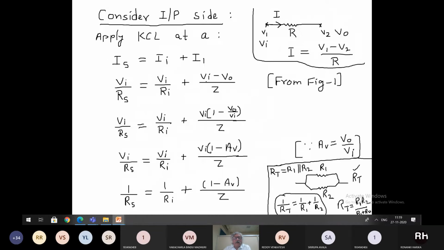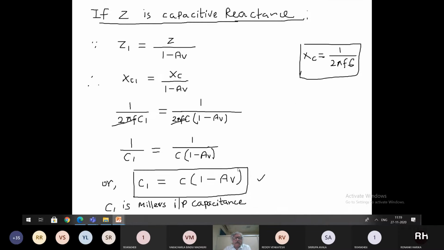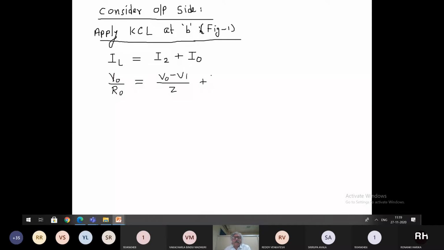Now I0, from this diagram, the resistor R0 is the resistance of this two-port network. It is equal to V0 by I0, so I0 will be V0 by R0.